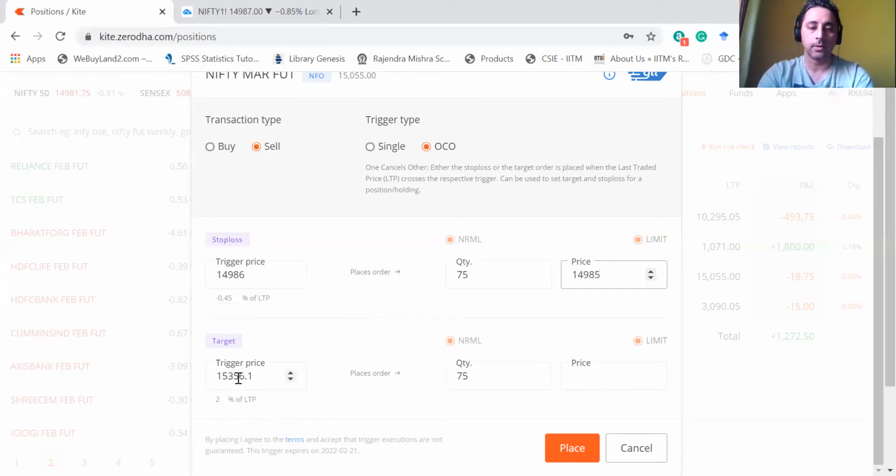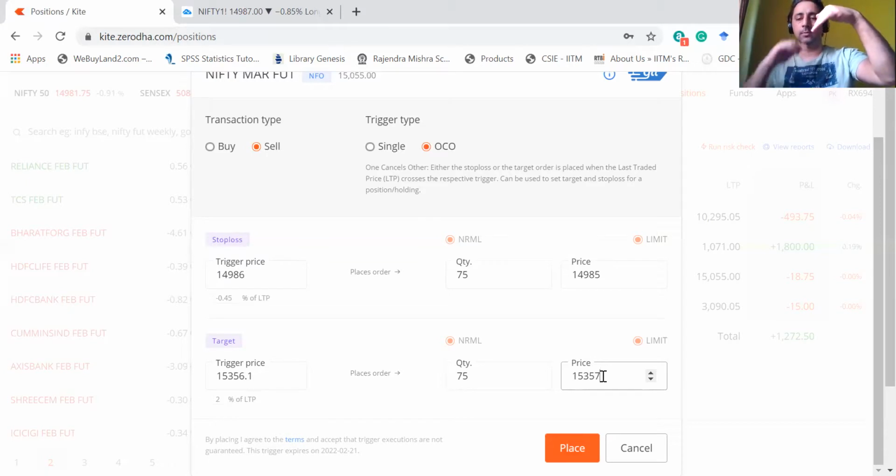Similarly, for trigger price, if this is 15,356, so this will have to be 15,357 or something, or even 56.1 if it's 56.2 or something like that. So if it's going up, your target is up, that price is achieved, your sell price is slightly higher than that. Similarly, if it's going down, your trigger price is arrived, then your limit price, which is the price at which it will sell, should be slightly below that.